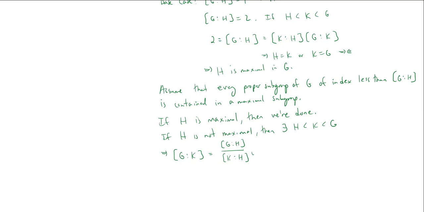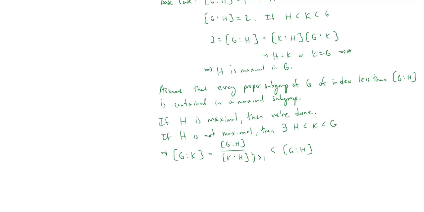So this number down here is greater than 1. And so you're taking a number, the index of H in G, and dividing it by a number bigger than 1. And so you must be strictly less than the index of H in G. So K is a subgroup whose index is less than the index of H.